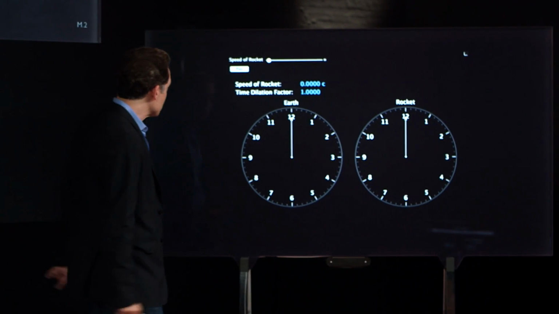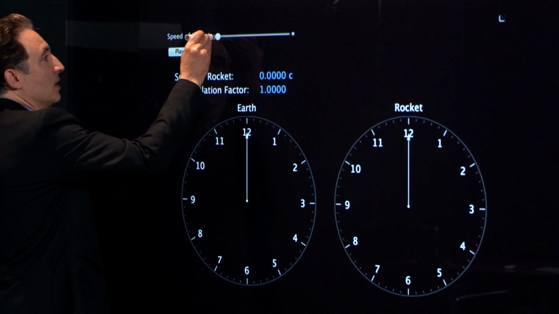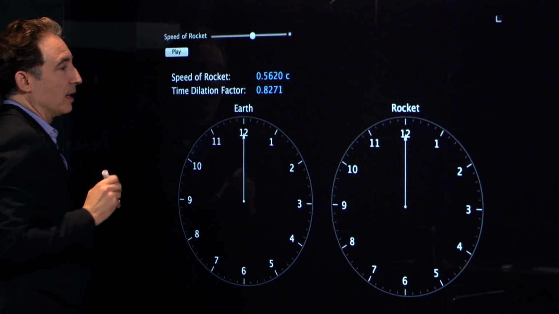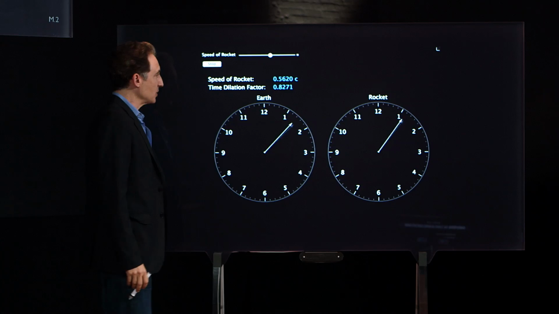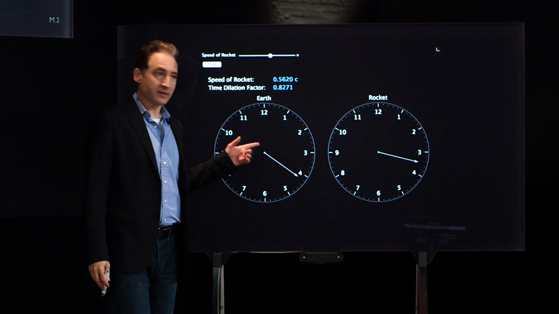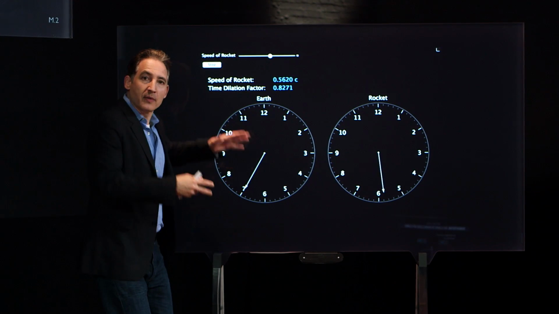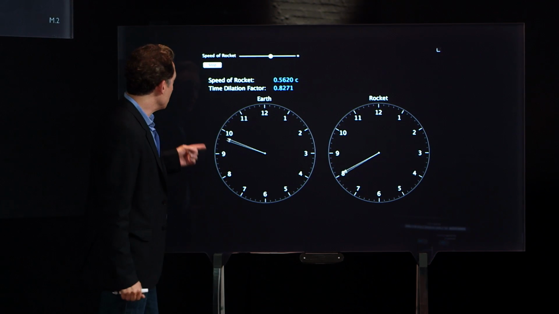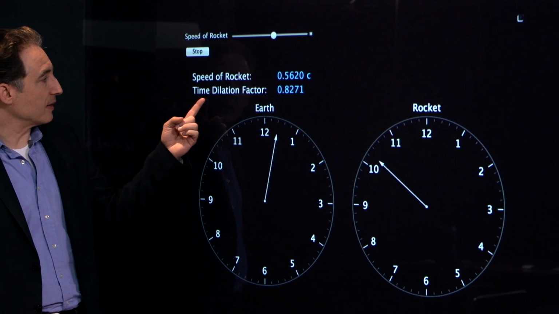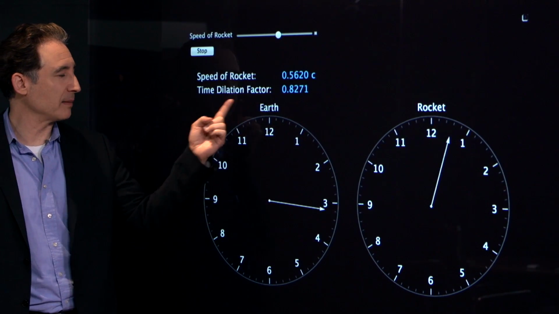So you played with this earlier, in which you saw that time on the moving clock goes off slow from the perspective of the stationary clock, but you didn't know the math behind this. Now you do. And to signify that, this demonstration now also has the time dilation factor.